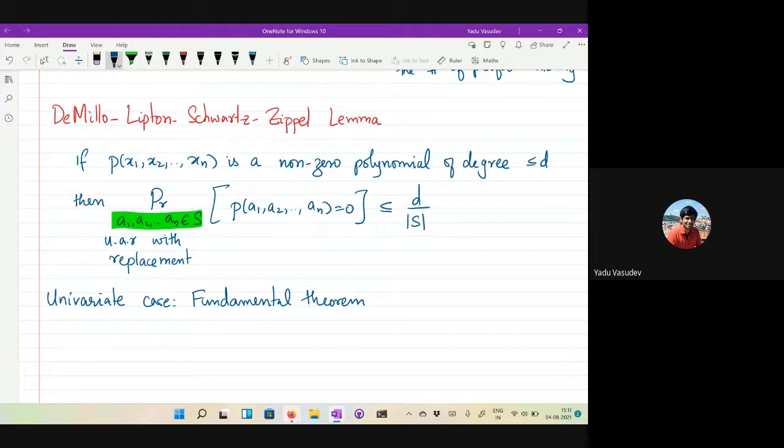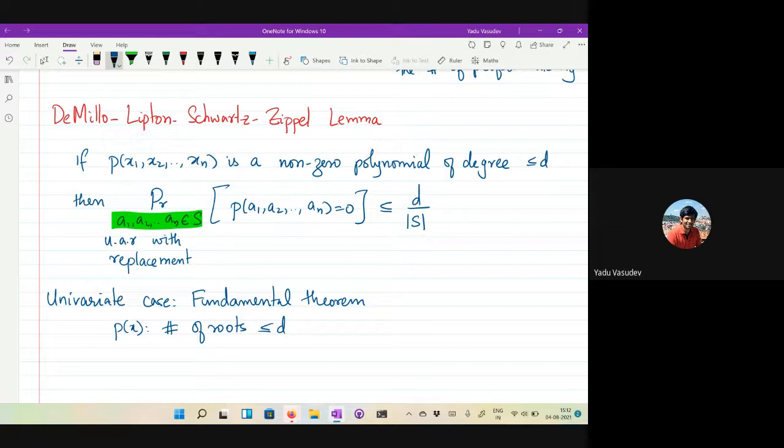If you take just P of x, then the number of roots is at most d. So the univariate case follows directly from the fundamental theorem of algebra. And what we are interested in is the multivariate case.